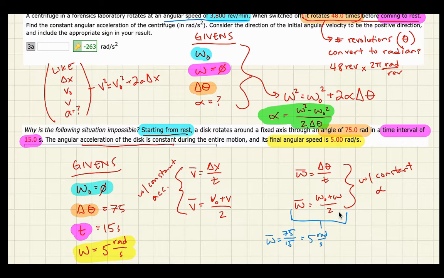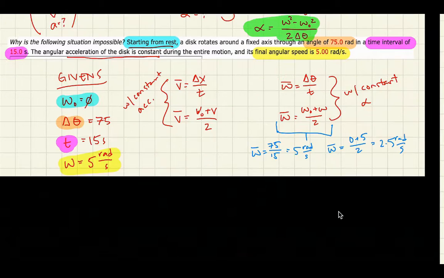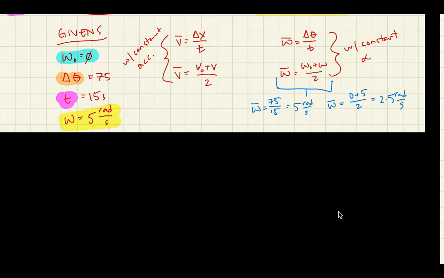Looking at it the other way, omega average would be omega plus omega naught divided by 2. That would be 0 plus 5 divided by 2, which is 2.5 radians per second. And these are not equivalent.